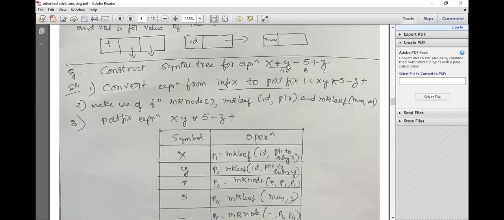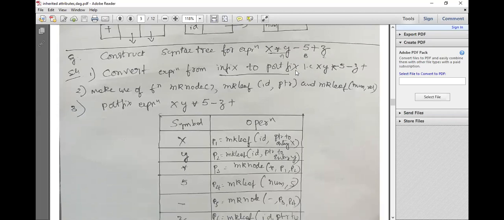Construct the syntax tree for the expression x star y minus 5 plus z. They ask this type of question many times. We need to draw the syntax tree for the expression x star y minus 5 plus z. The first step given is to convert the expression from infix to postfix.